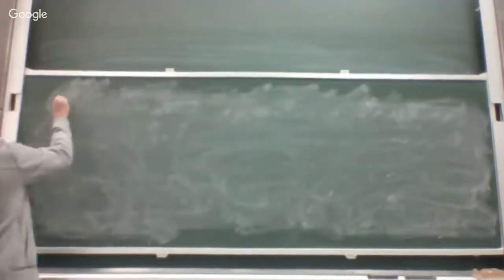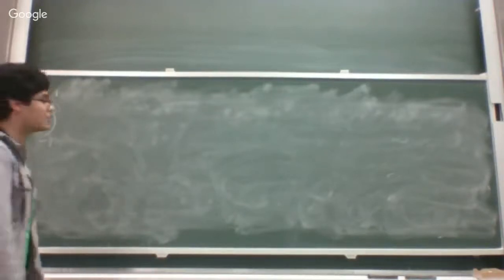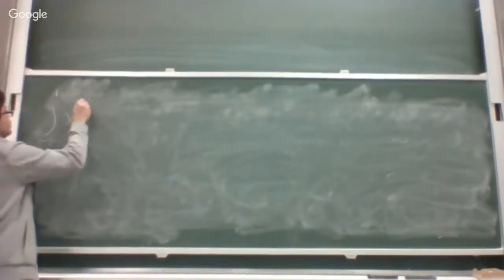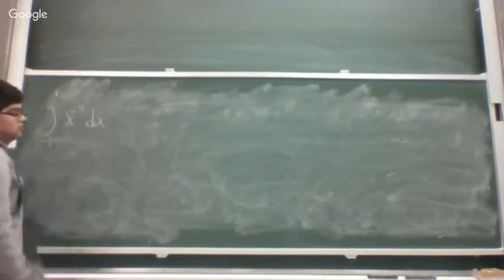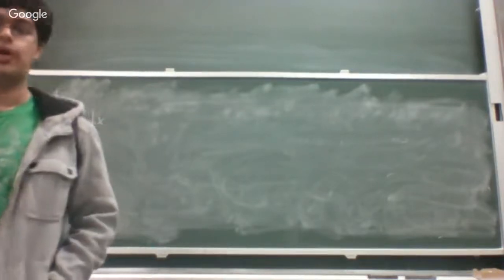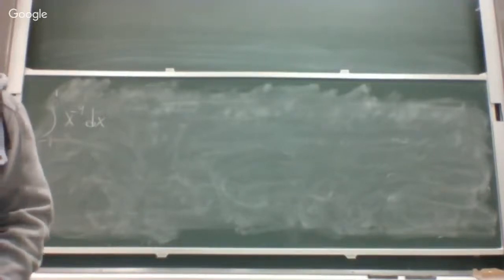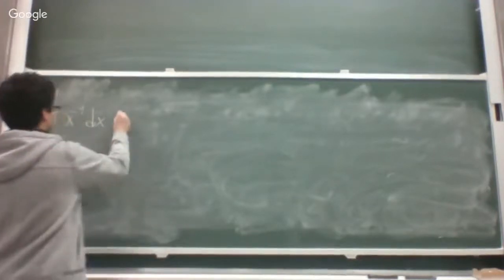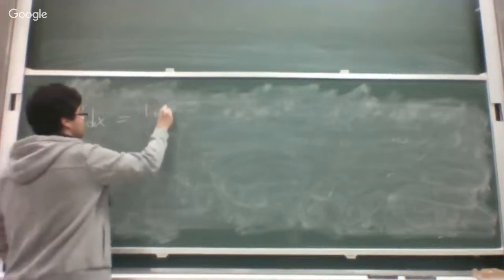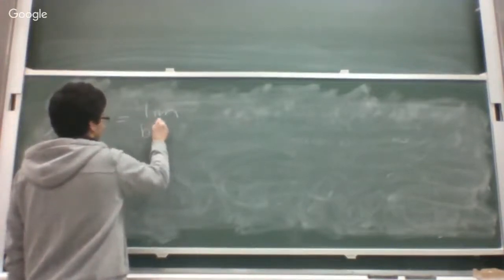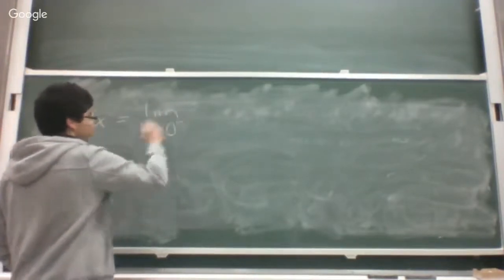So we have the integral from -1 to 1 of x to the -4 dx. Where would we break it apart? At 0. So we need to rewrite this as the limit as b approaches 0 from the minus side.